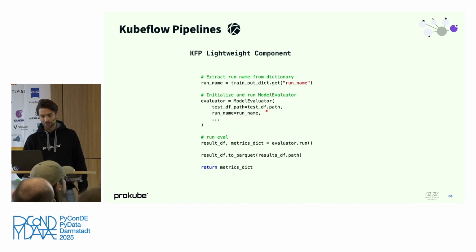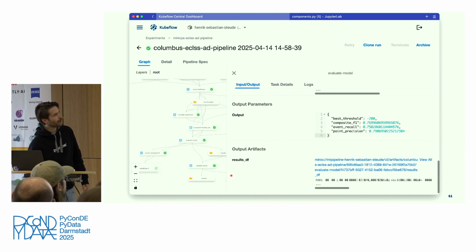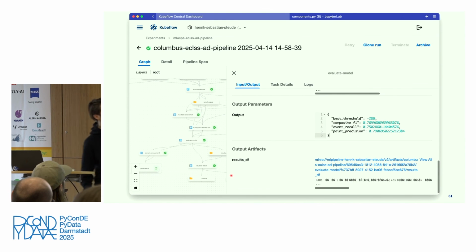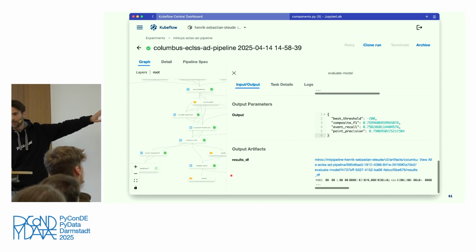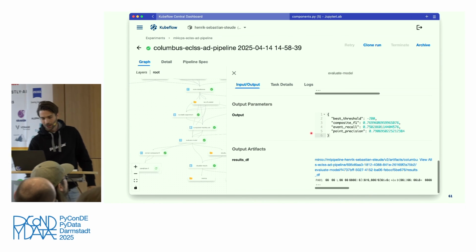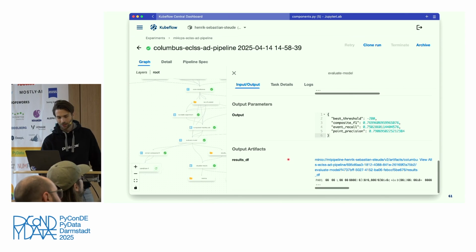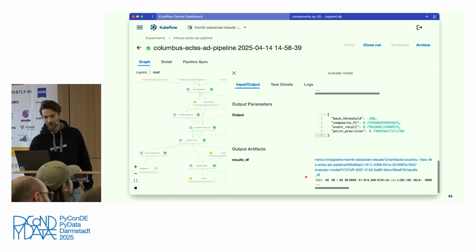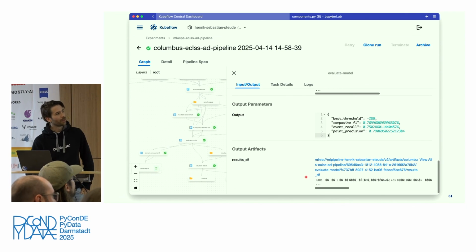I don't have to take care of where it lives and so on. And we return a dictionary. And if we have a look at the UI again, I just clicked on the evaluate task, and I can see the output dictionary here in the UI pretty nicely, and also other results, artifacts, and where they live in MinIO or S3.